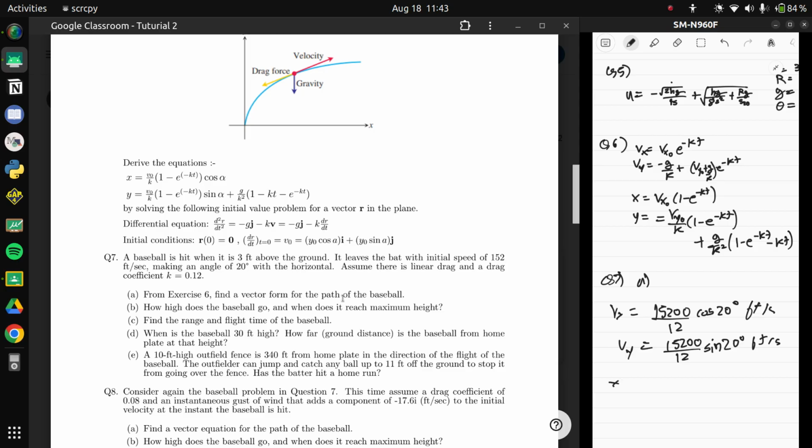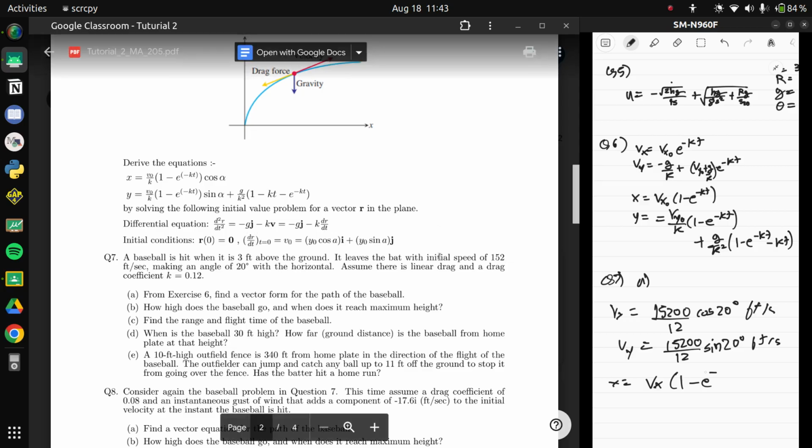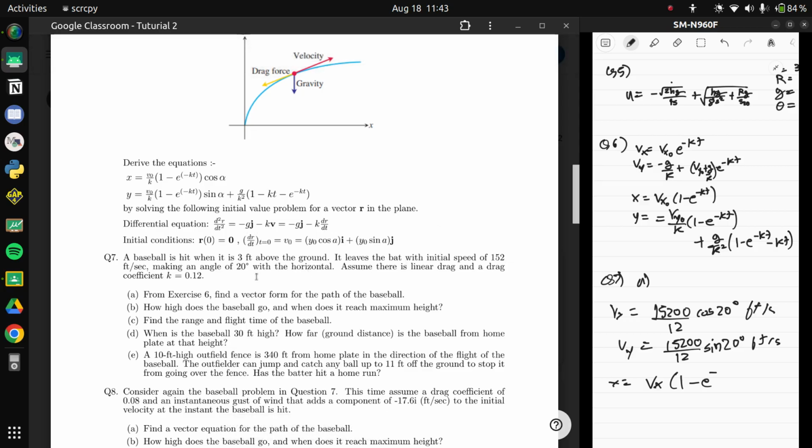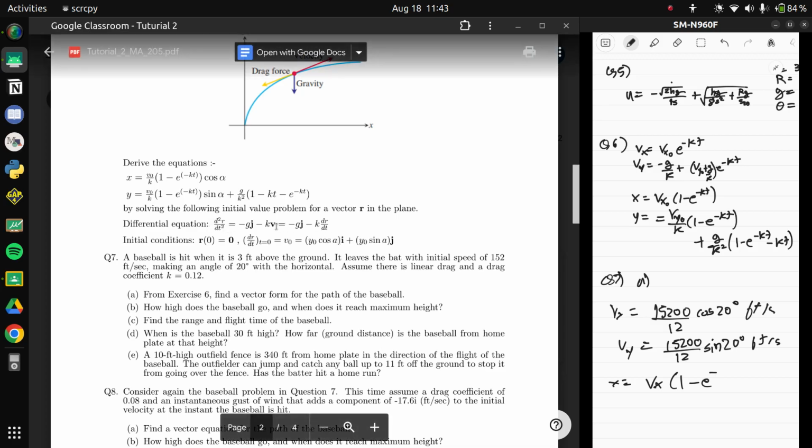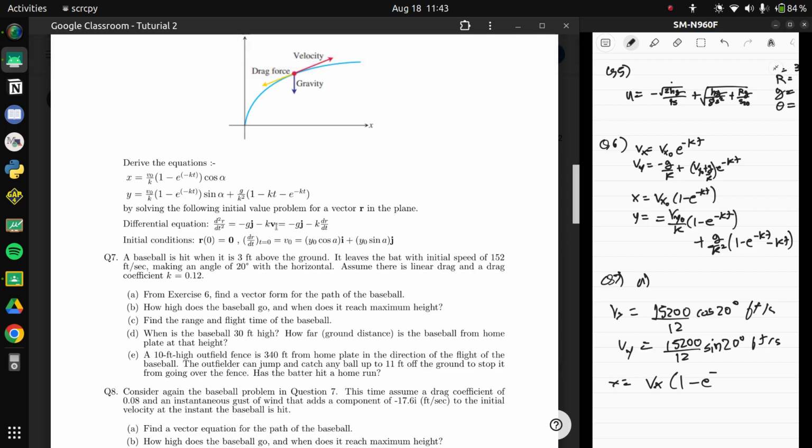Our x thing will just be vx times 1 minus e power negative k, where k is 0.12. A drag coefficient of this, but don't you need units for this? Acceleration is minus k times v, so you already have dr upon dt.